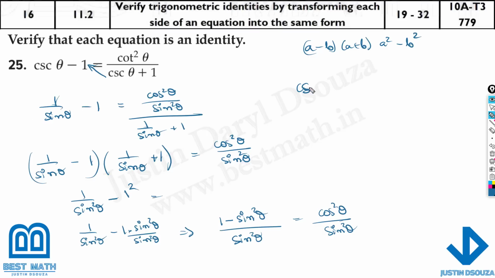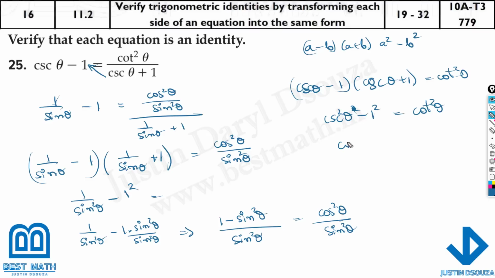But over here, what's going to happen is cosecant theta minus 1 multiplied by cosecant theta plus 1 is equal to cot squared theta. Now here it's going to be cosecant squared theta minus 1 squared, equal to cot squared.